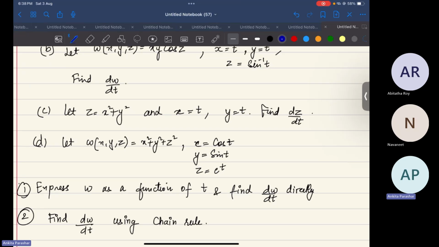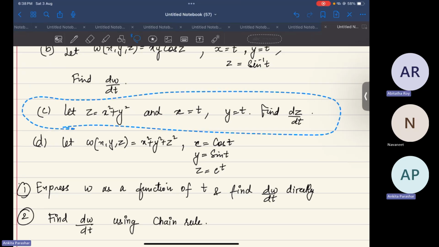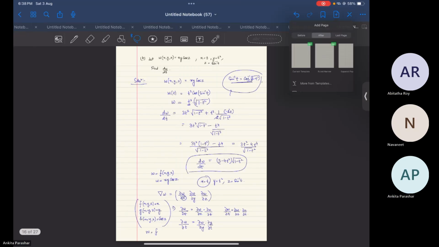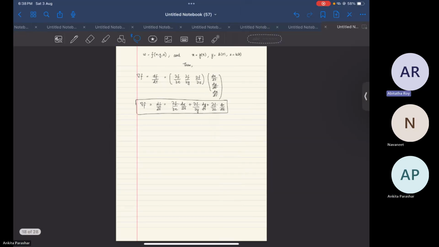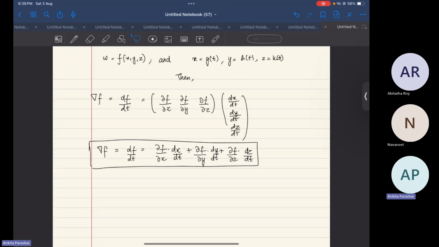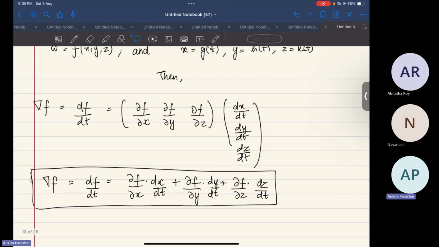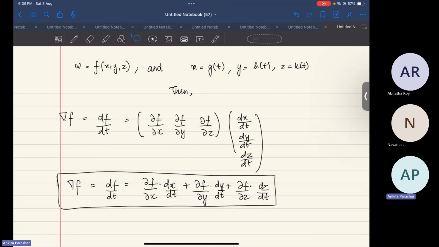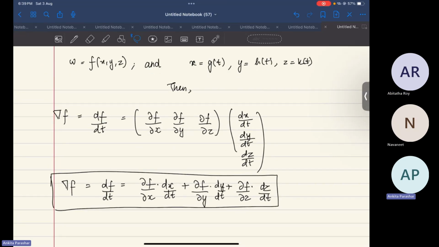Okay, let's see this part number C. You see, this one can be done like this. So your gradient of f is nothing but the way it has to be. It is the composition of f composed with x.